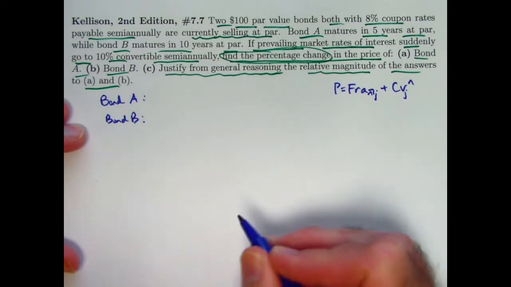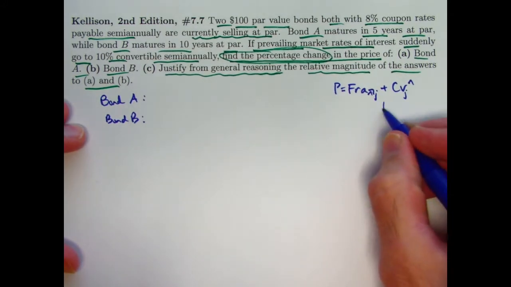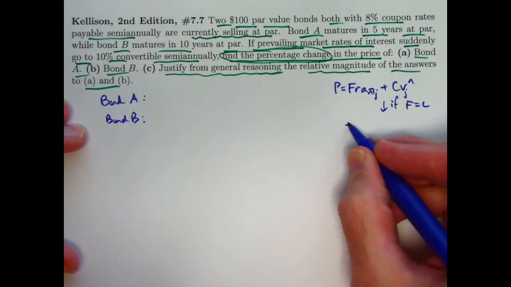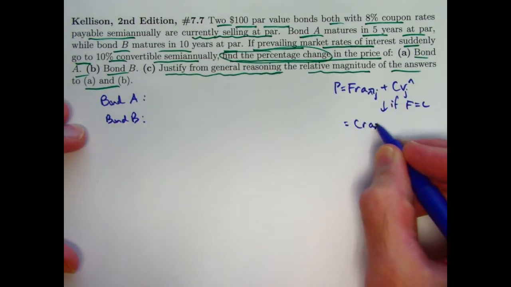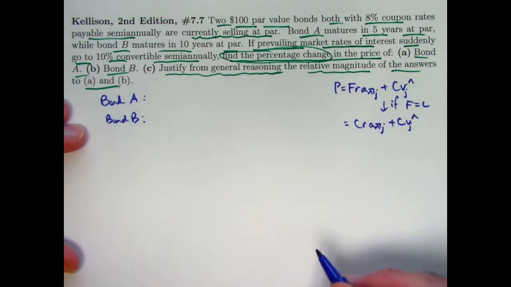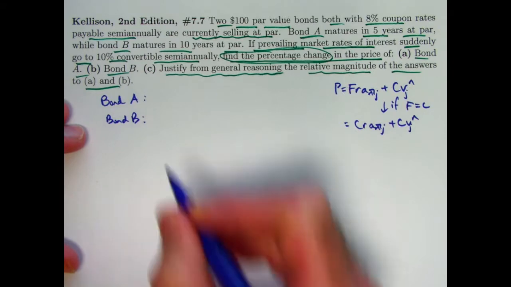We are in a situation that is common where F equals C. If F equals C, then I can replace that F by C. I can write this as C r a_angle n at j plus C times v_j to the n. We are in that situation here.